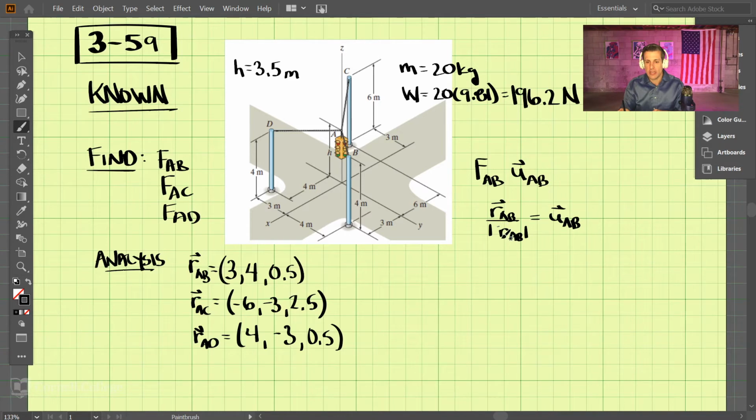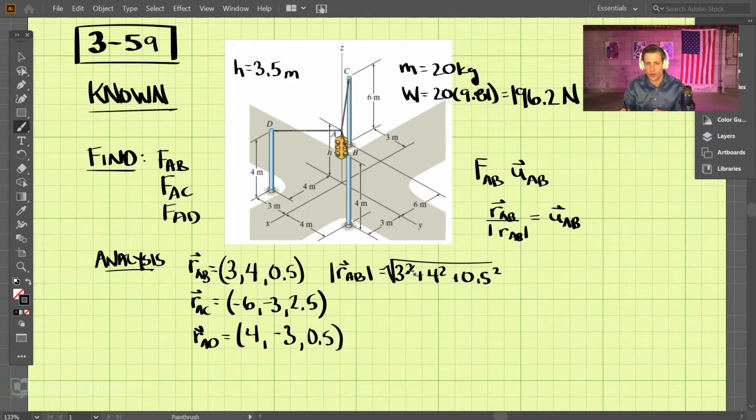Okay, so we need to know the magnitude of each one of these. So the magnitude of RAB is equal to 3 squared plus 4 squared plus 0.5 squared, and take the square root of that.